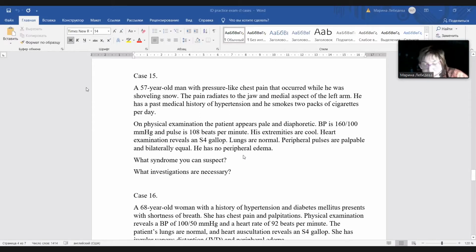While the patient is preparing to coronarography, we can see the function of kidneys with GFR calculation according to the creatinine level.